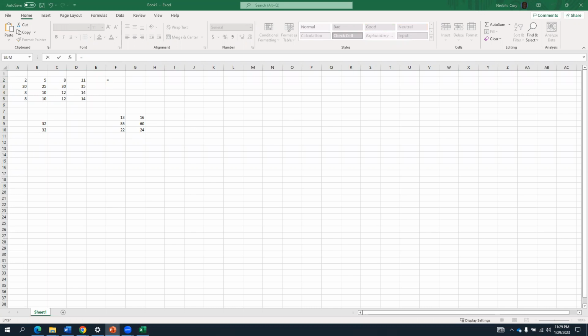So we'll go equal POWER, open parentheses. And it says put the number. The number is D5, sorry, D5, comma, 3. This is the power, close parentheses, enter.